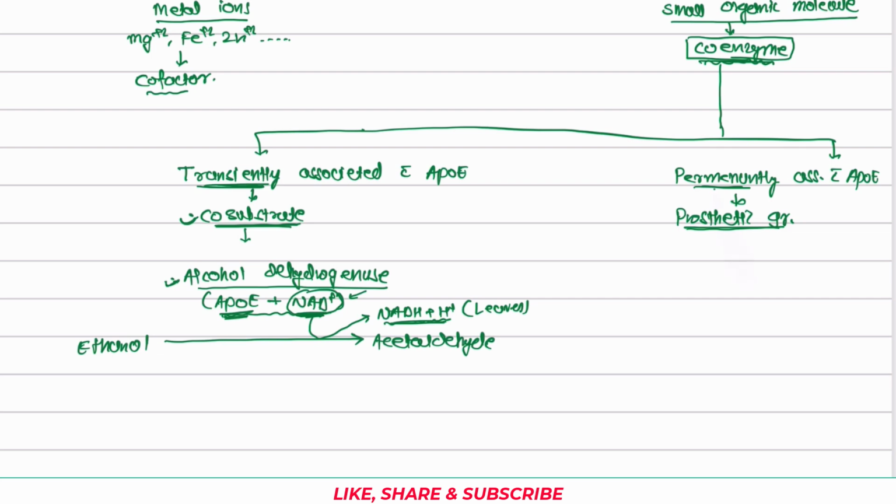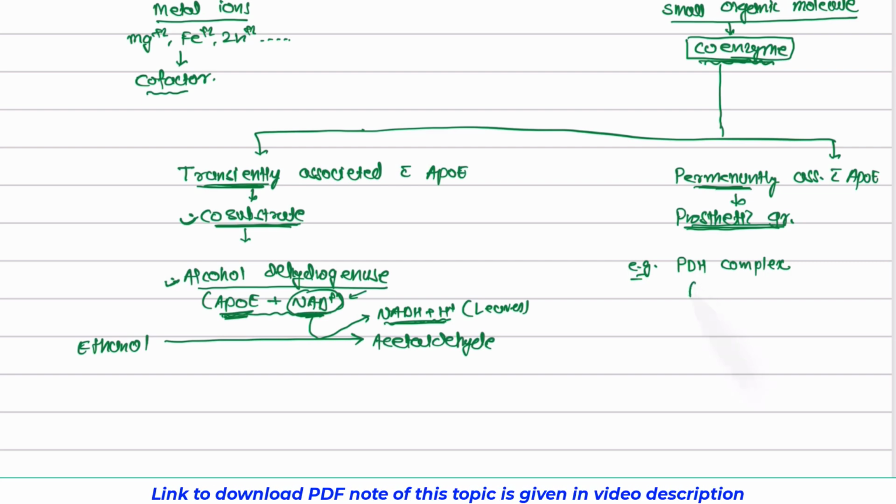Now let us look at the prosthetic group. Prosthetic groups are permanently associated with the enzyme. And one very good example of a prosthetic group containing enzyme is the PDH complex, that is, the pyruvate dehydrogenase complex. In this PDH complex enzyme, FAD acts as a prosthetic group. That means this PDH complex is made up of apoenzyme and permanently bound FAD.